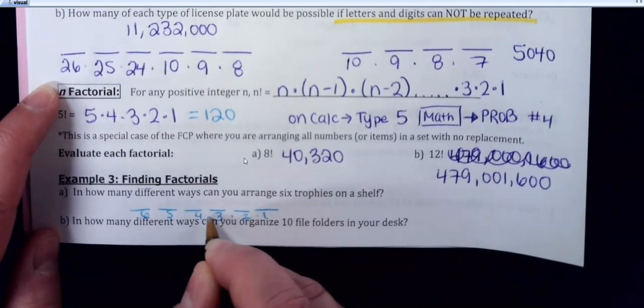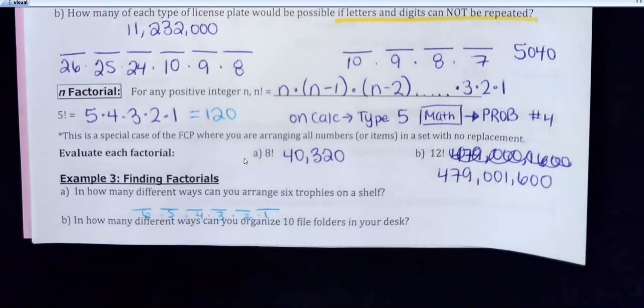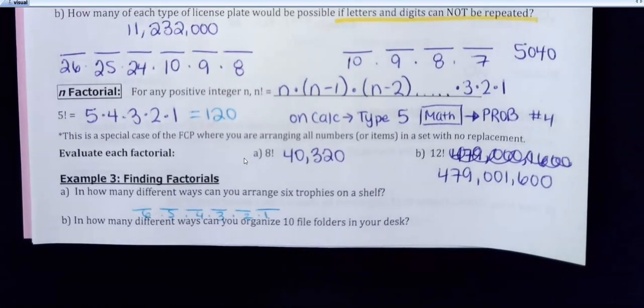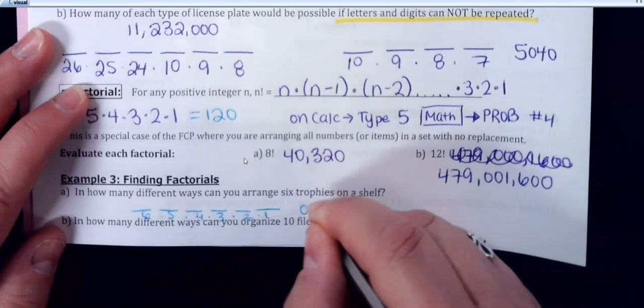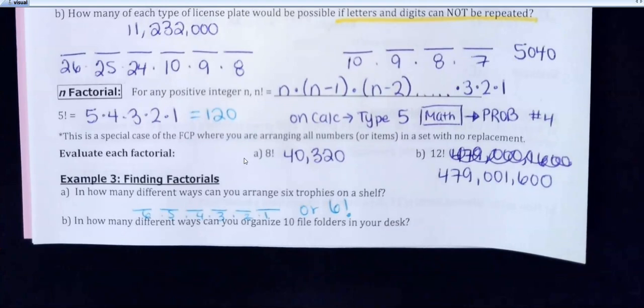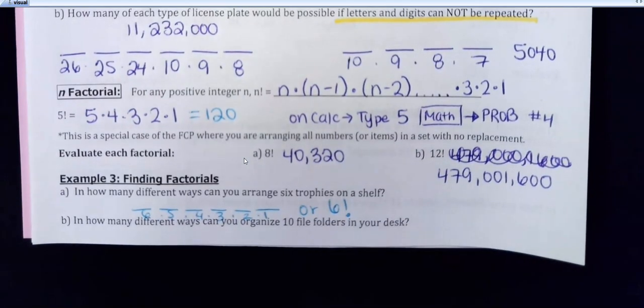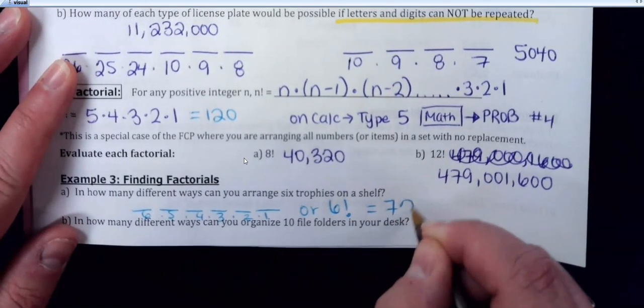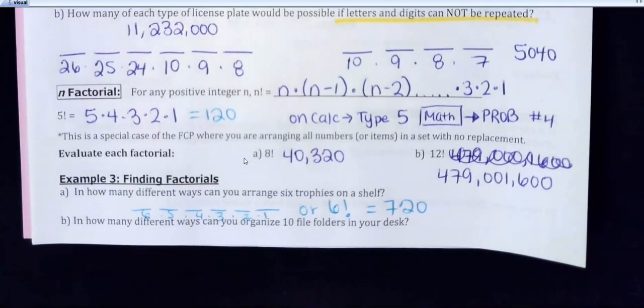Just multiply those all out, because I'd have 6 slots for the first trophy, then I've used one of them. Then I'd have 5 for the next, then I've used 2 of them, and then on down. Or you can just do the 6 factorial, whatever is faster for you, but both of those would work. So 6 factorial should end up being, I think it's 720. So there would be 720 different ways that I could take 6 trophies and line all 6 of them up on the shelf.